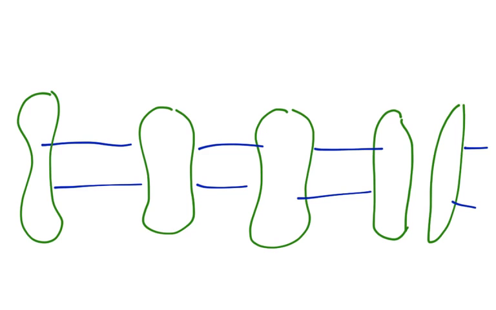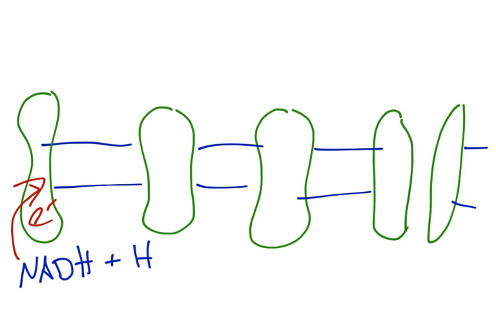What's going to happen is you're going to have NADH come in here, and it's going to shoot its electrons off through the membrane. The electrons are going to go through this membrane and then out right here. They don't make it all the way to the final one there. So the electrons flow through the membrane.